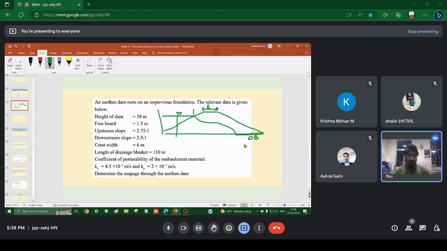Drainage blanket is given over here, 110. This is the upstream side. This is the downstream side. Crest width, drainage blanket, height is 58. Overall height 58 meter, and kx and ky is given. So it has a formula and it has a technique.